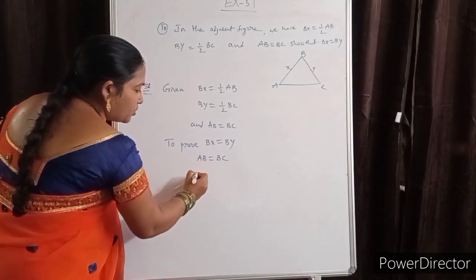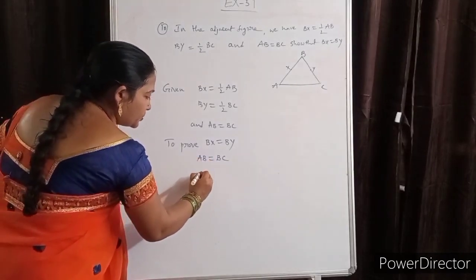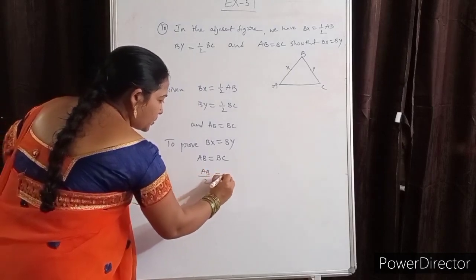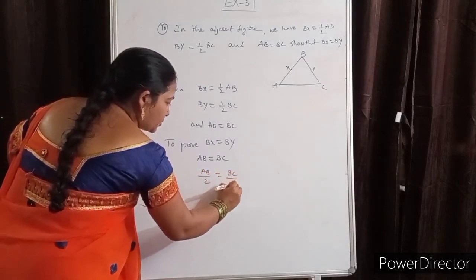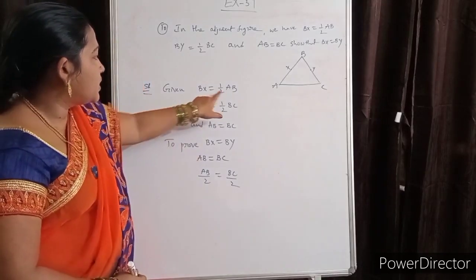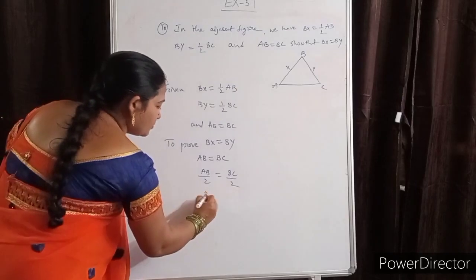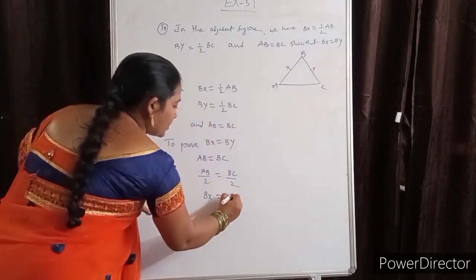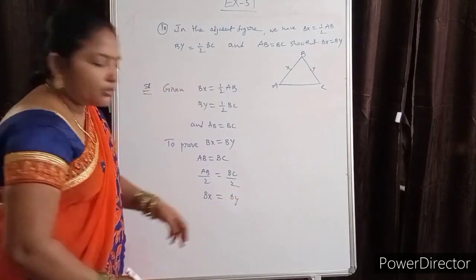AB by 2 is equal to BC by 2. AB by 2 means BX is equal to BC by 2 means BY. Hence, proved.